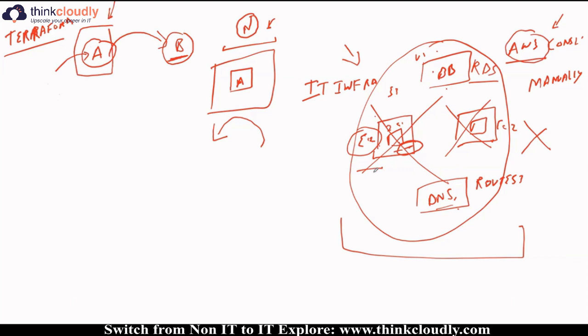Why? Because the complete infrastructure was designed by Naman, and Naman has moved to organization B now. So he will not have any details. Now, when he tries to make a few changes anywhere, it can lead to a very big problem. Why? Because he doesn't have the whole information, and he tries to make a small change and the connection can break. The connection between these resources can break and the entire infrastructure can be affected.